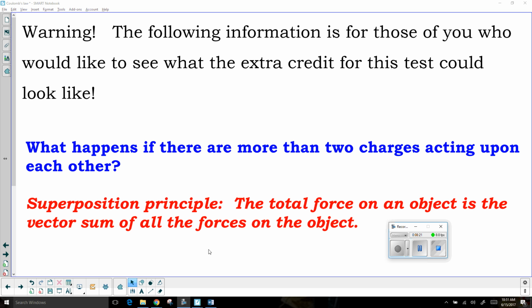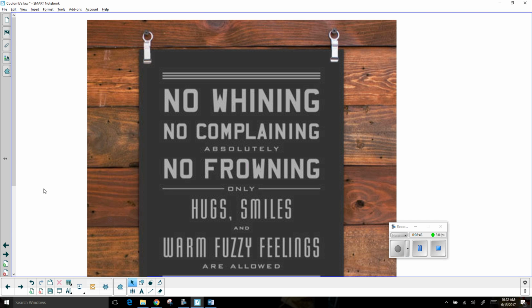Superposition principle in terms of electrical charges means the total force on an object will be calculated from the vector sum of all the forces on that object. Yep, I said the magic word. I said vectors. So, let's see what an example problem like that would be. Thought I'd throw that in because the challenge problem involves vectors.